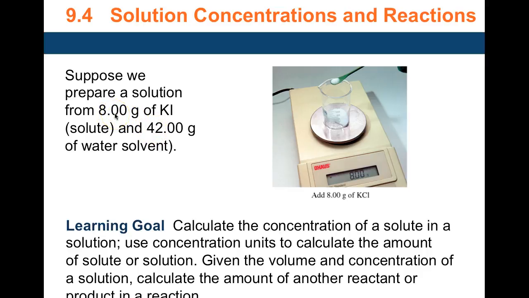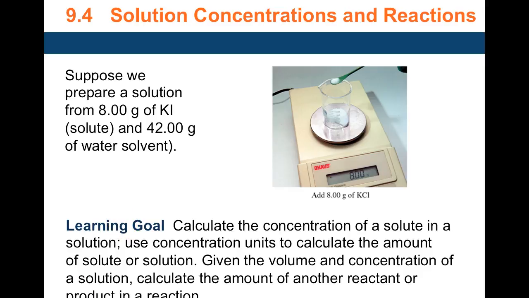So the grams of solute divided by the grams of solution times 100, that will give you a percentage mass by mass, all right? You can have percentage mass by volume, or you can have percentage volume by volume for liquid solutions, or another type of solution is called molarity, which is moles per liter, right?